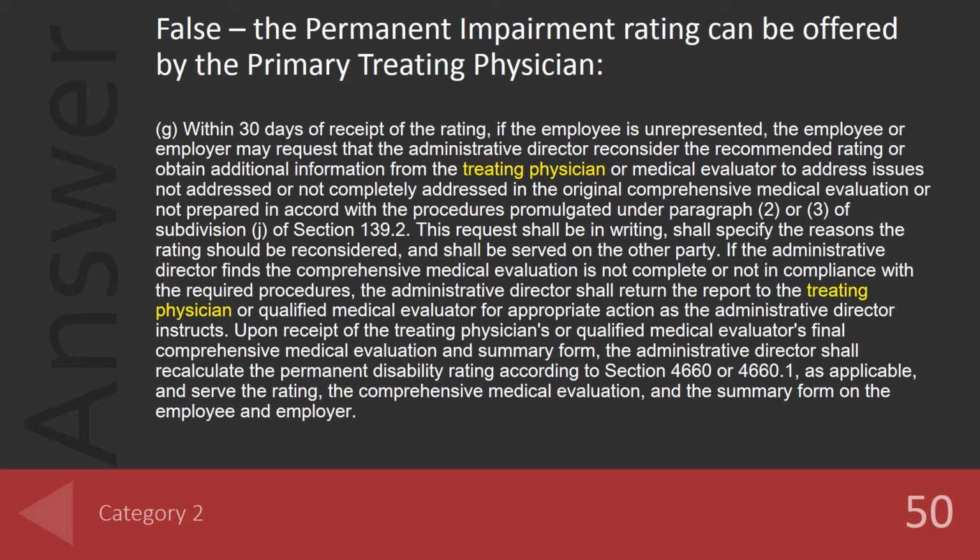It says, within 30 days of receipt of the rating, if the employee is unrepresented, the employee or the employer may request that the administrative director reconsider the recommended rating or obtain additional information from the primary treating physician or from the qualified medical evaluator to address issues not addressed or not completely addressed in the original comprehensive medical evaluation or not prepared in accordance with proper procedures.